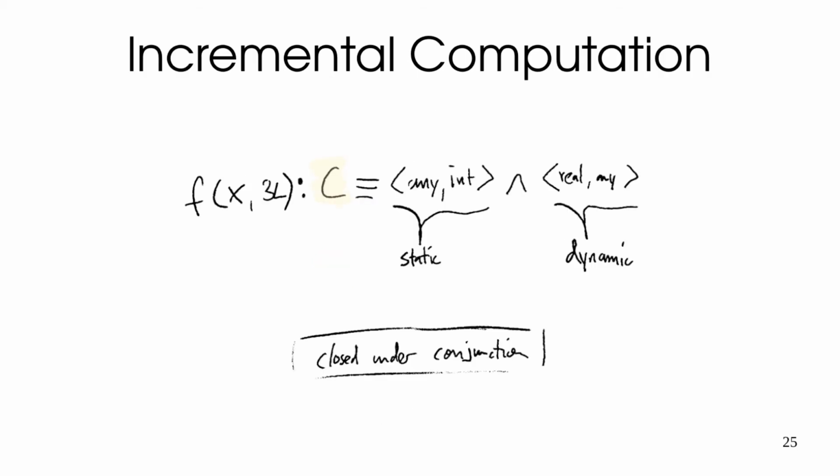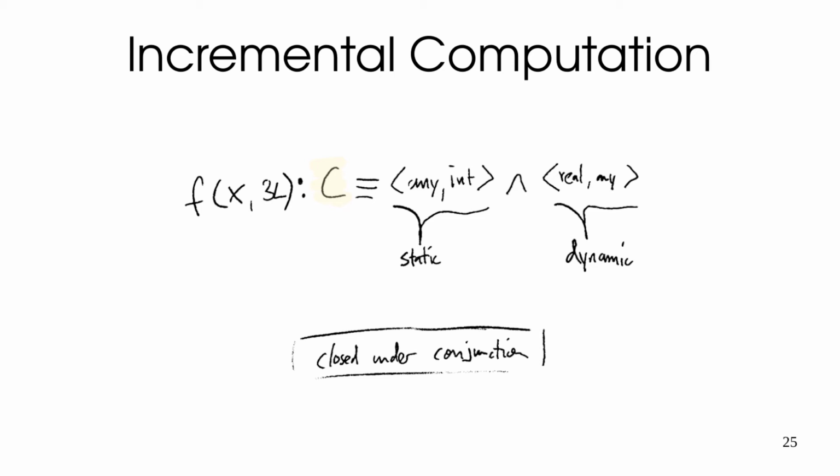And actually, the best approach here is to use contexts which are closed under conjunction. That means that I can take any two current contexts and the intersection will be a more precise current context. As an example, take this invocation where we pass x and the integer 3 to the function f. Now we can already statically say that the second argument is an integer, and we don't know anything about the first argument, so the static contribution here is any, int.